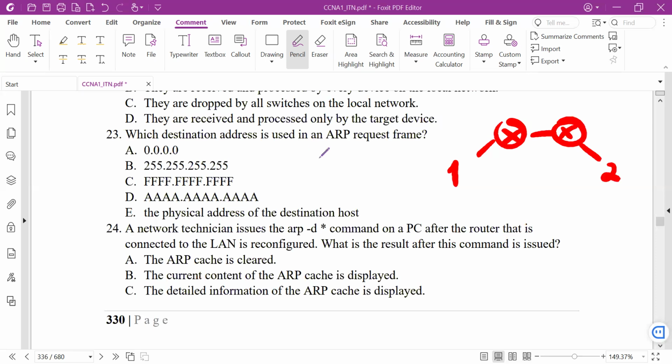When we start from PC1, data encapsulation begins first, where our data at layer 3 goes to the destination network. So now let's say the destination network here is 192.168.